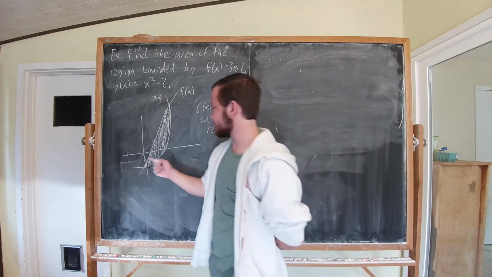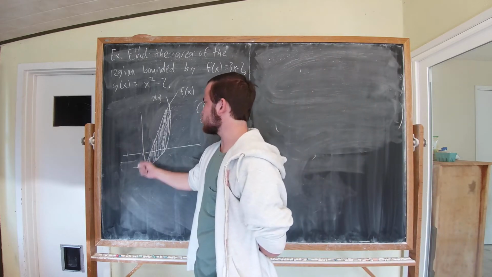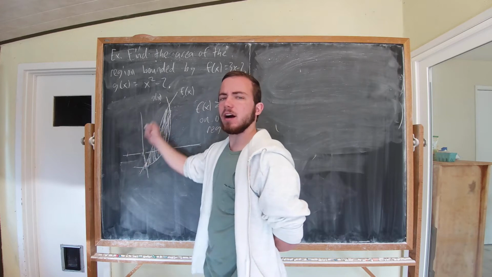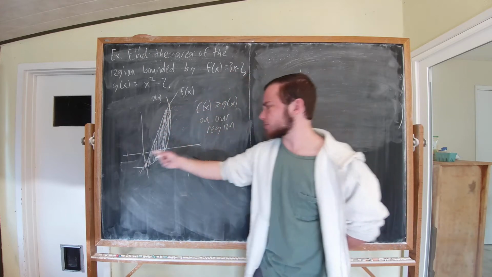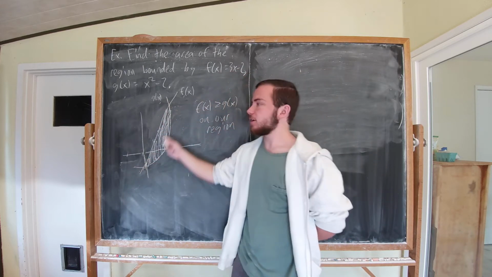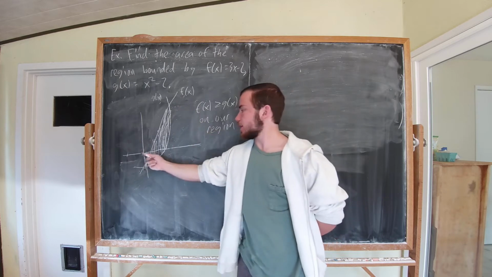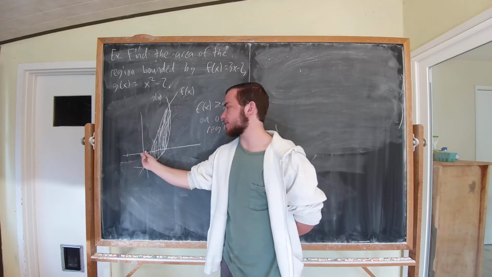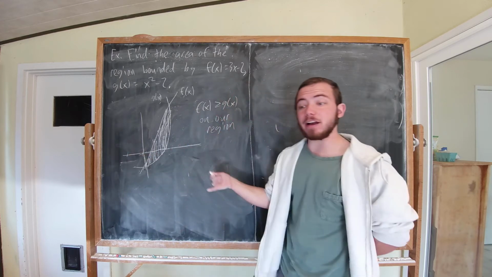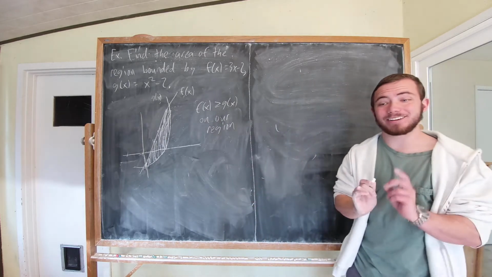Well, it's going to be at these two intersection points of the functions. That's our bounds, right? We're going to go from here to here, wherever those two things might be. How do we find those two x-coordinates? Here's the cool part.